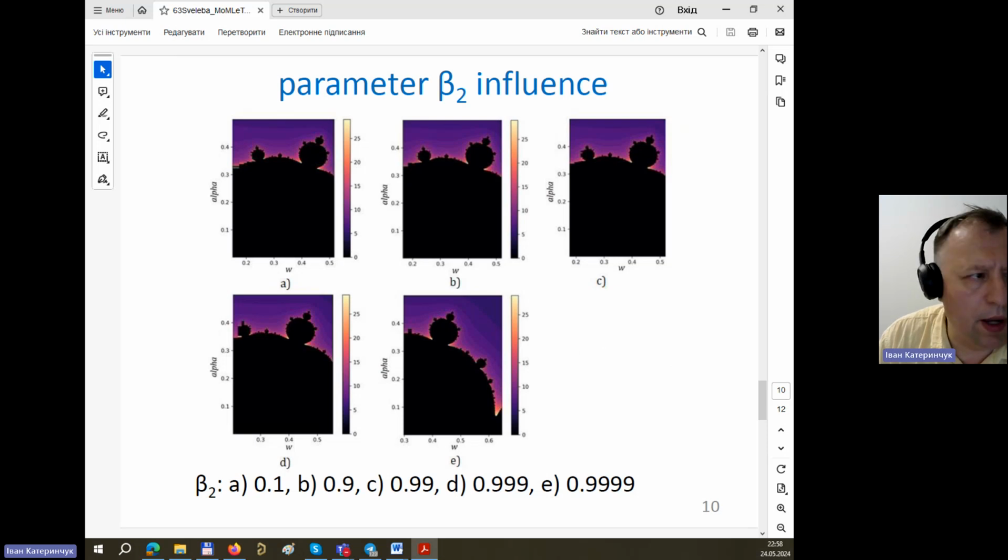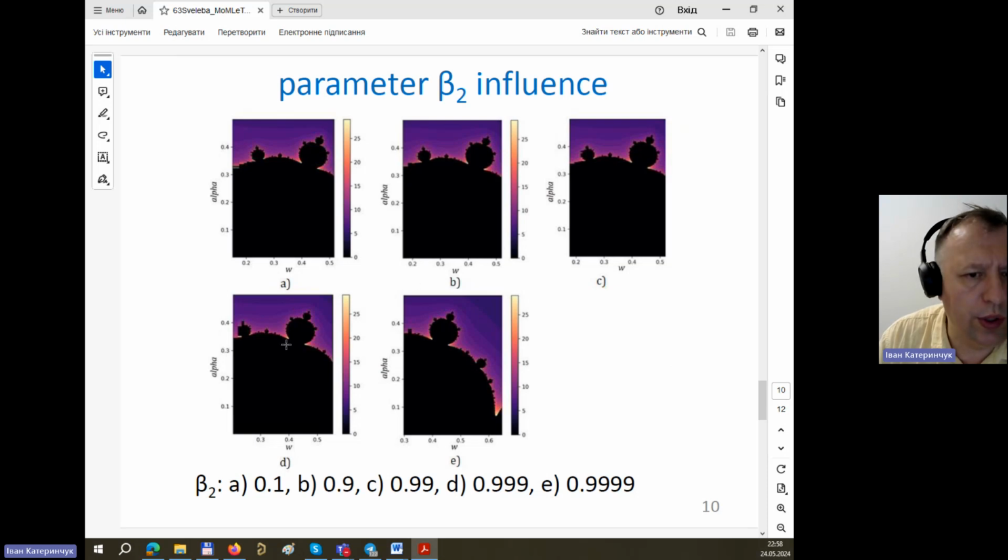When the parameter beta 2 is changed in the range of 0.1 to 0.99, figures B and C, no changes in the fractal structure can be observed.